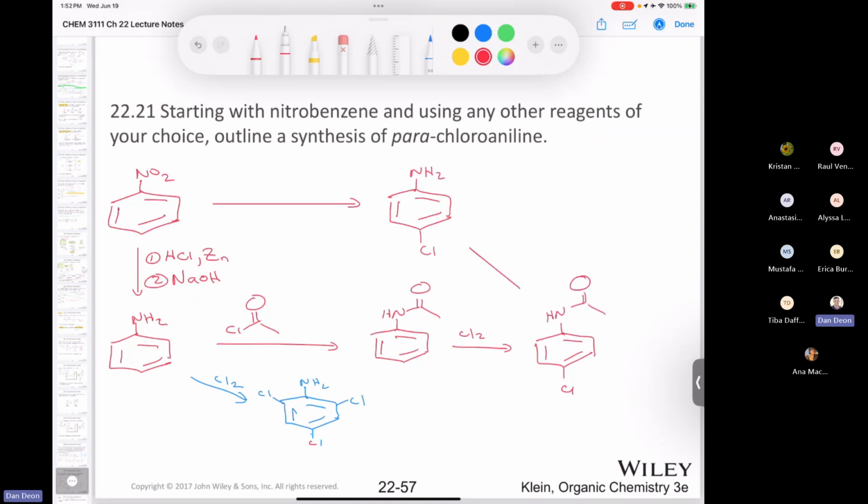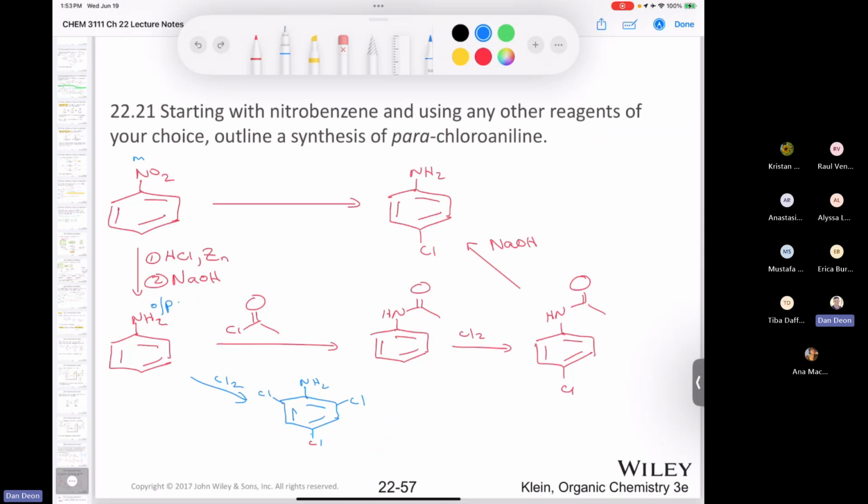And then to hydrolyze that, you've got a couple of options. I'll just choose sodium hydroxide because it's easy. Okay, and there you have it. So there's the synthesis of parachloroaniline. A couple things to remember here is that this is a meta-director. This is an ortho-para-director, but it's too strongly activating, so you end up with this trichloro compound.